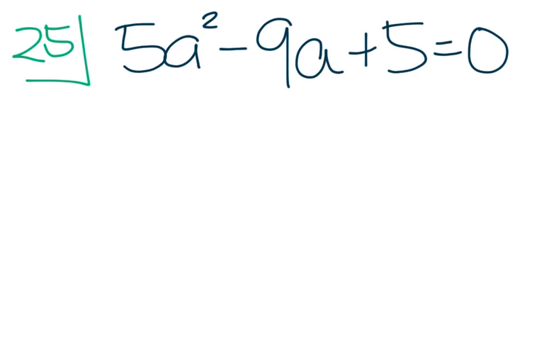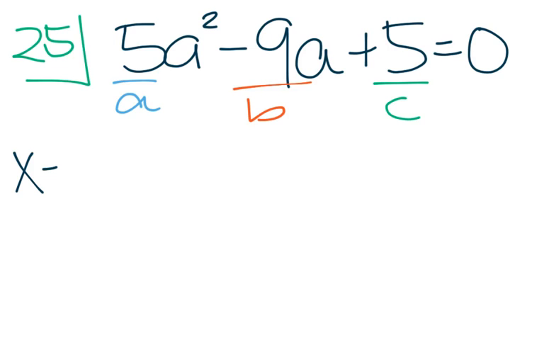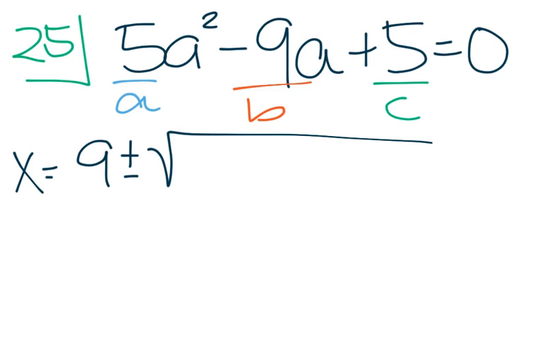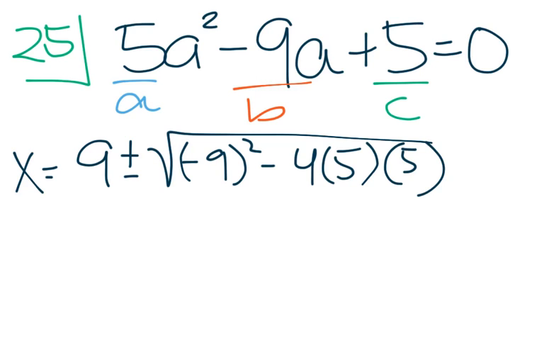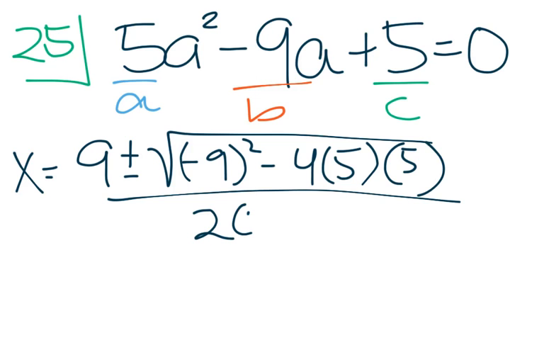Okay, almost done. So A, B, C. So we have x equals opposite b, which is positive 9, plus or minus the square root of negative 9 squared minus 4 times 5 times 5, over 2a, so 2 times 5.